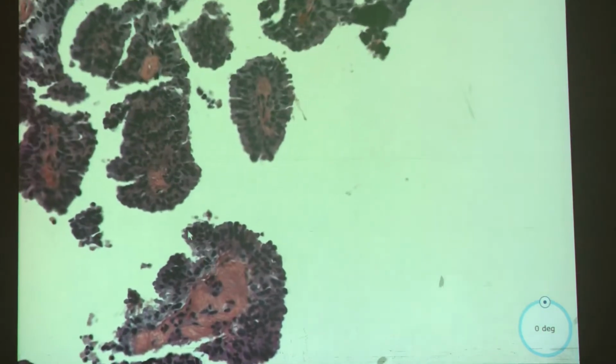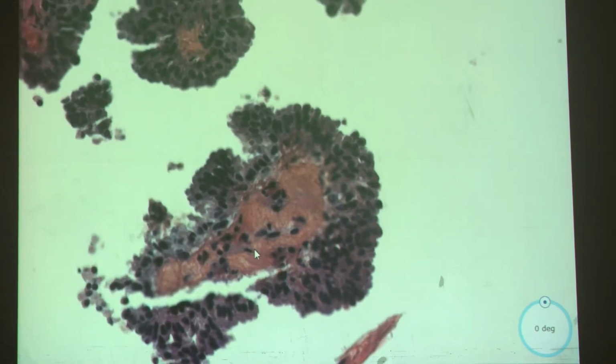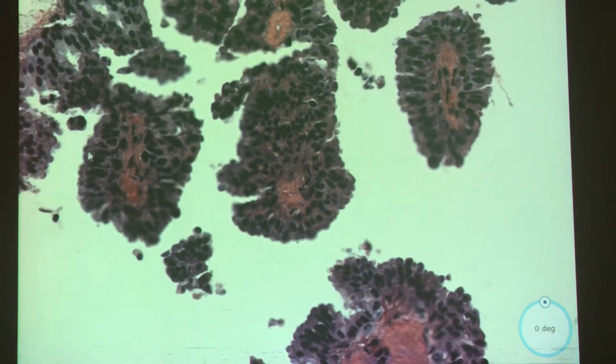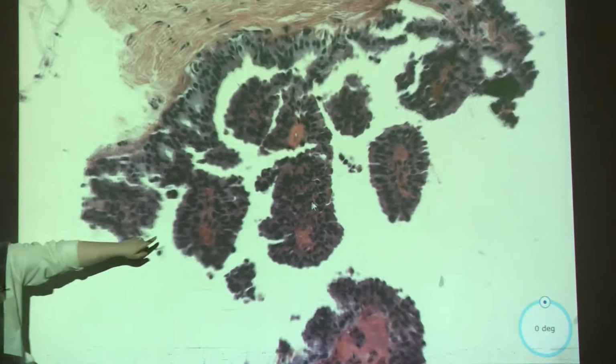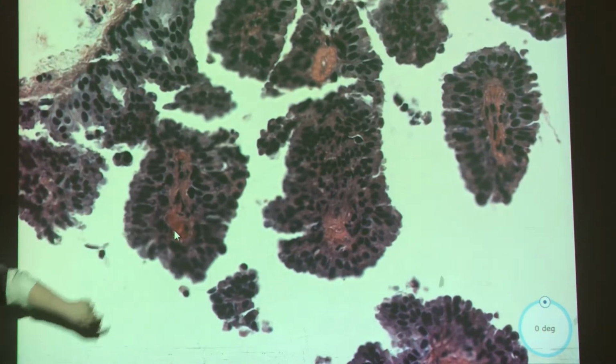What about these cells? It's a little overstained, but I feel like these ones look similar here, but it's kind of hard to tell with these ones here. And these look a little more similar. This string here. And what do you have right here? That's a fibrovascular core, I'm assuming.